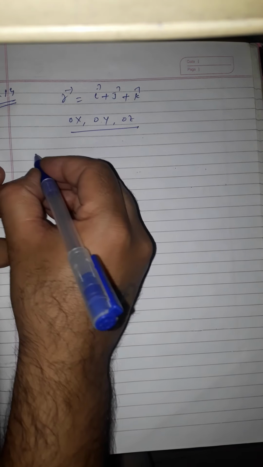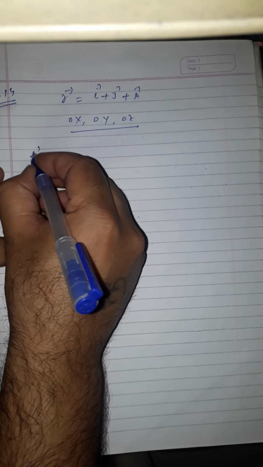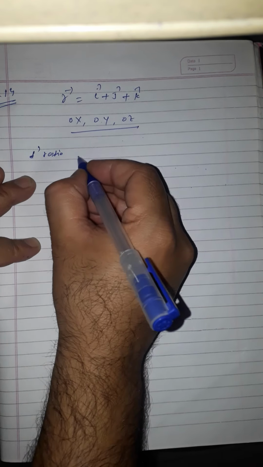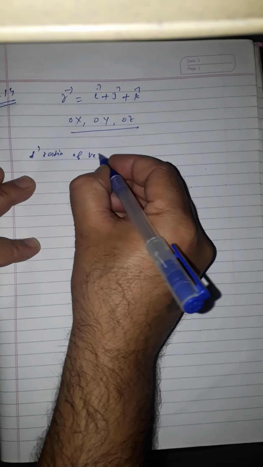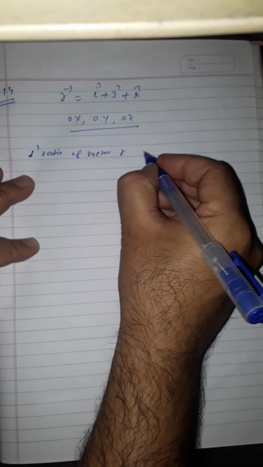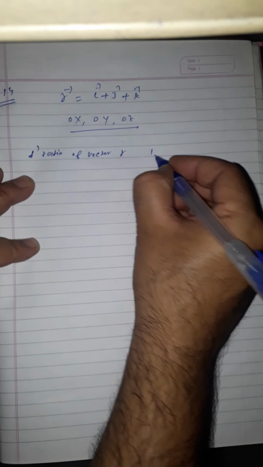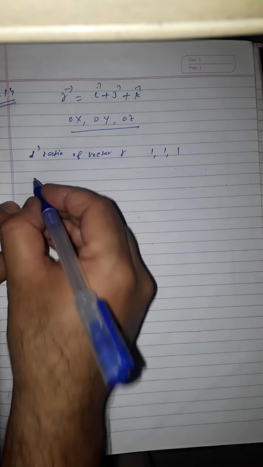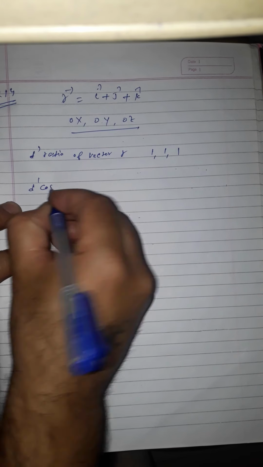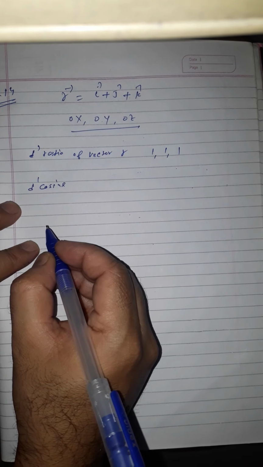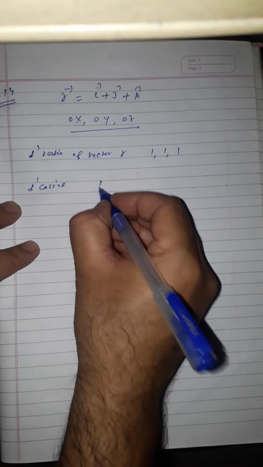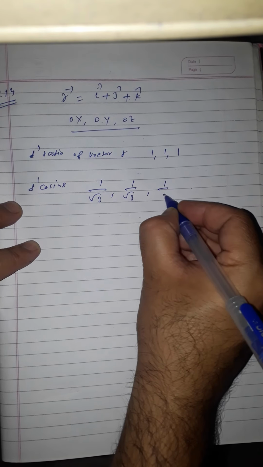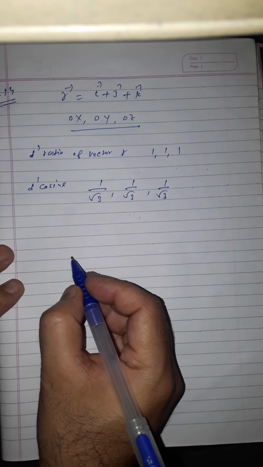So what we will do, we will find out the direction ratios. The direction ratio of vector R, that is what, 1, 1, 1. Right students, so we will find out the direction cosines. So direction cosines will come as 1 by root 3, 1 by root 3 and 1 by root 3. So now what you will say?